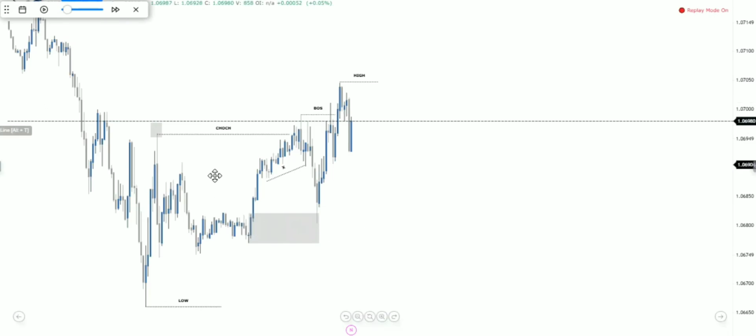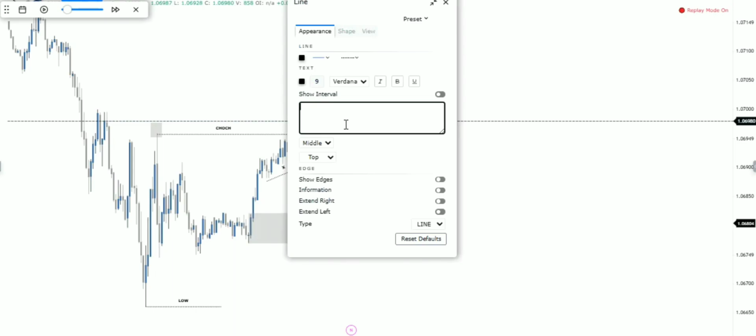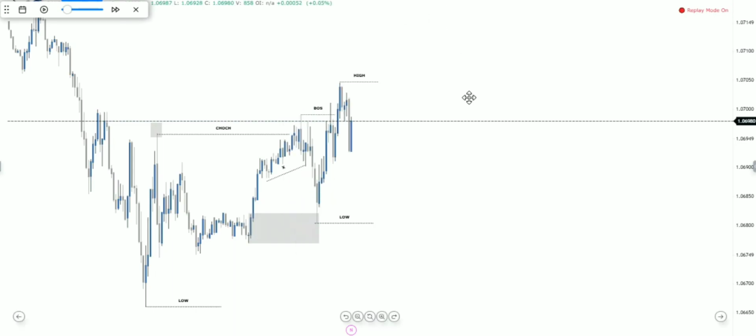And then I am going to mark out my low as well. Alright guys, so I hope I'm making this easy for you guys to understand. I hope it's as easy as a break of structure and a change of character. I've explained break of structure and changes of character.